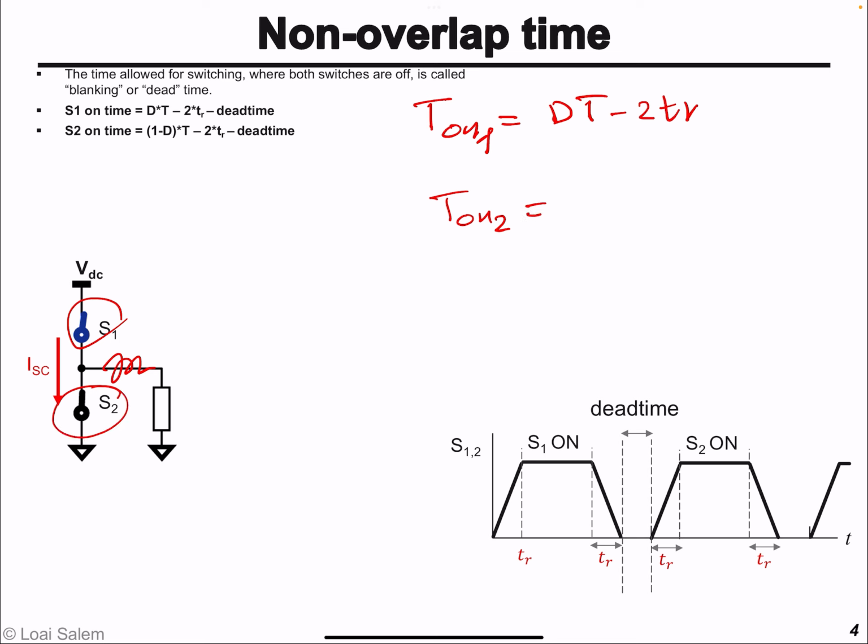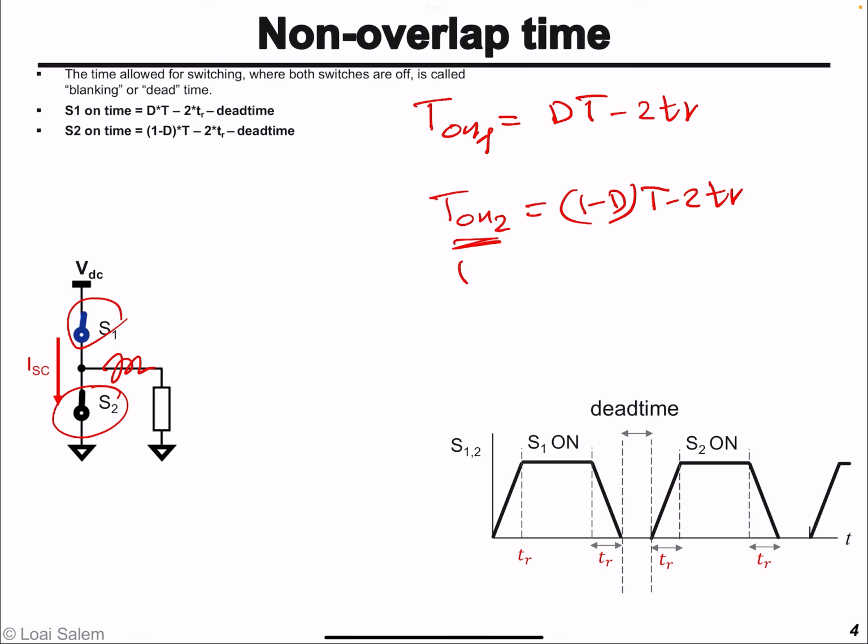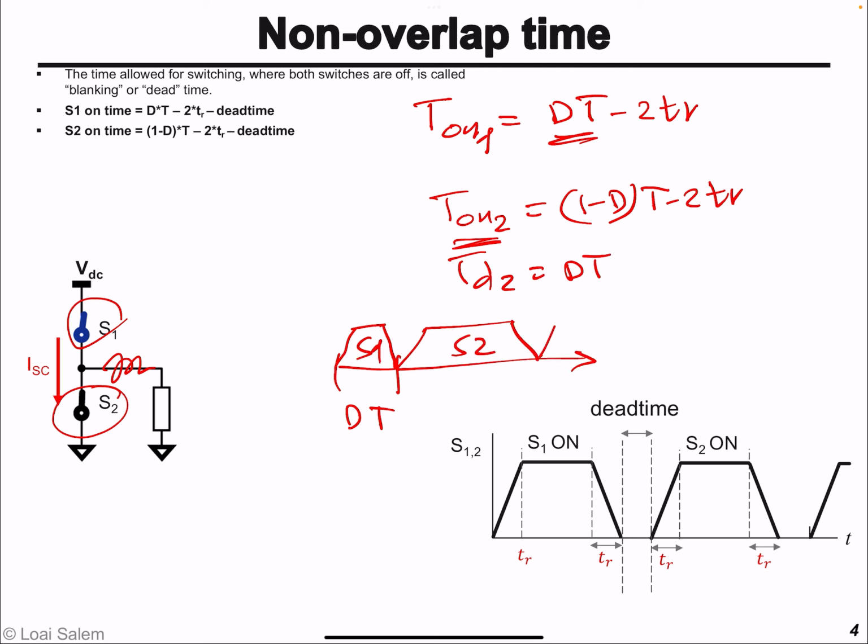It will be (1 minus D) times T minus 2 times TR. And note that the clock that's driving the second switch has to be delayed. This delay parameter of the second clock should be equal to D times T, so that you have the pulse for S1 and the pulse for S2, and they repeat periodically.